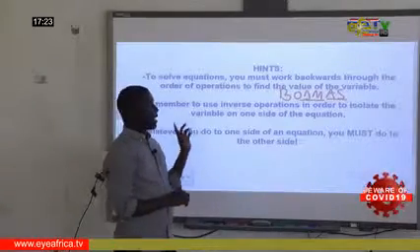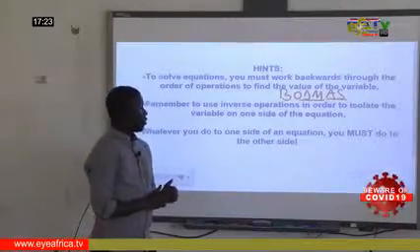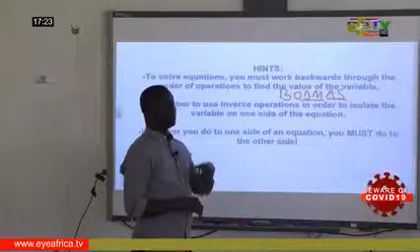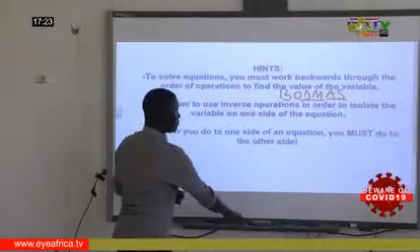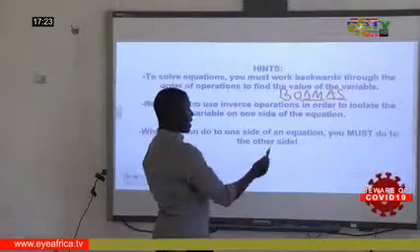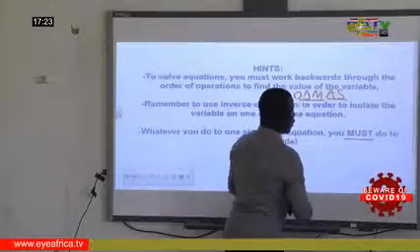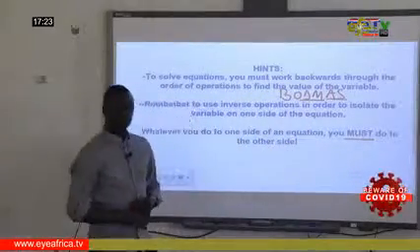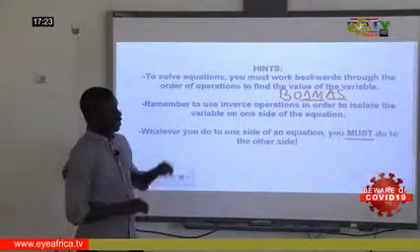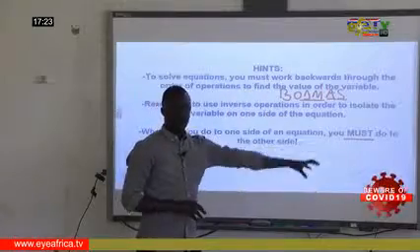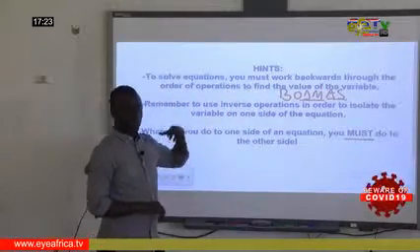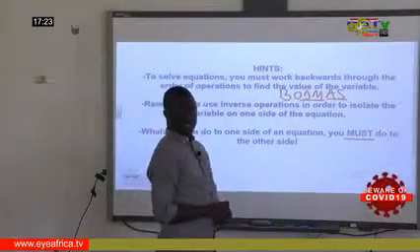The third hint says, whatever you do to one side of an equation, you must do to the other side. Must, in capital letters, is telling you it is obligatory to do whatever you do on one side of an equation to the other side.